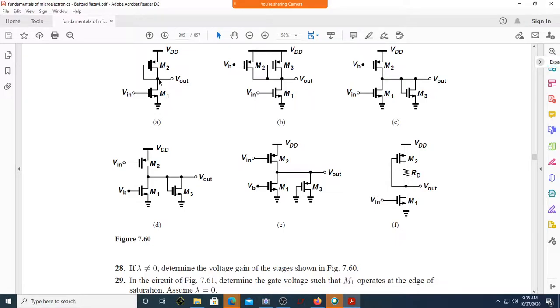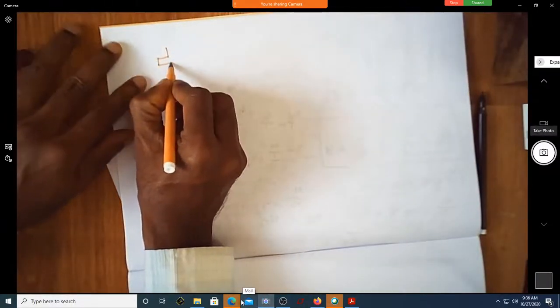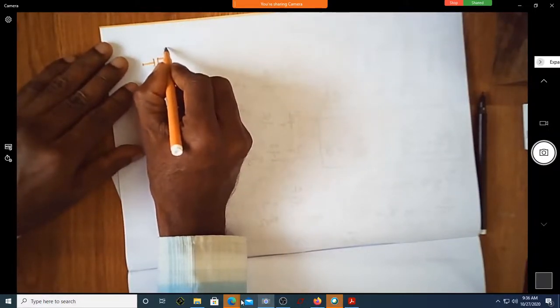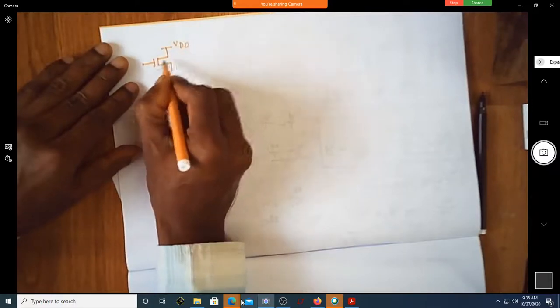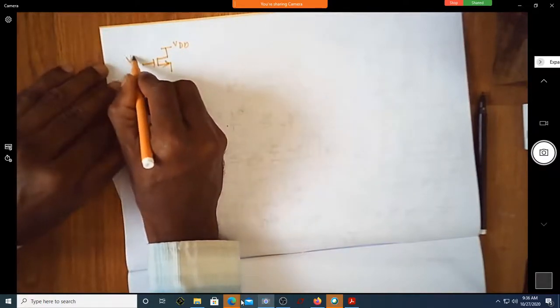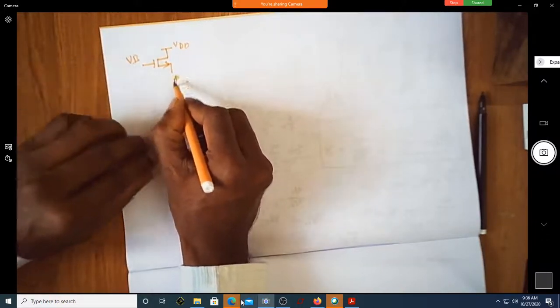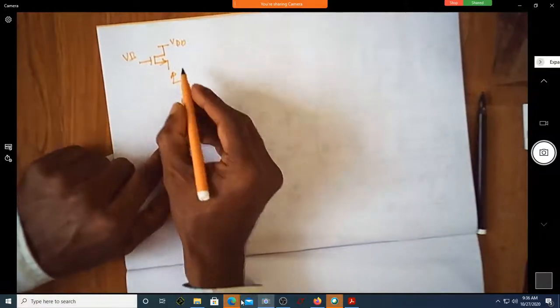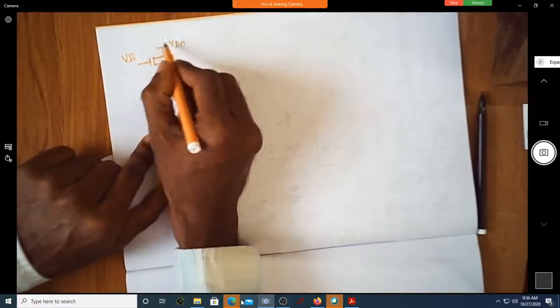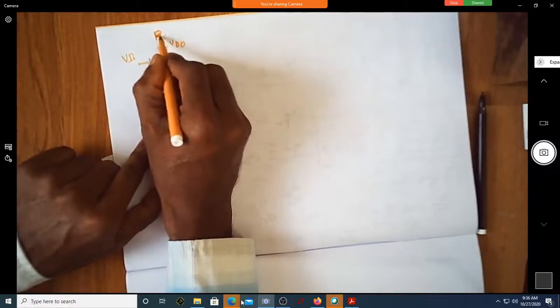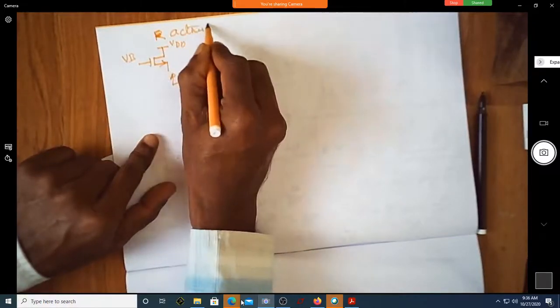What is it that I shared in your material yesterday? Suppose you have an NMOS transistor as load, connected to VDD, with its gate connected to some bias voltage. If you are asked to find the resistance looking from the source side, assume this is acting like a load, an active load.